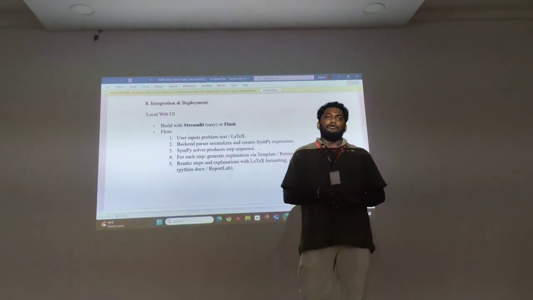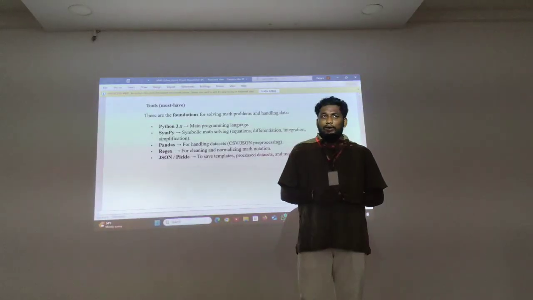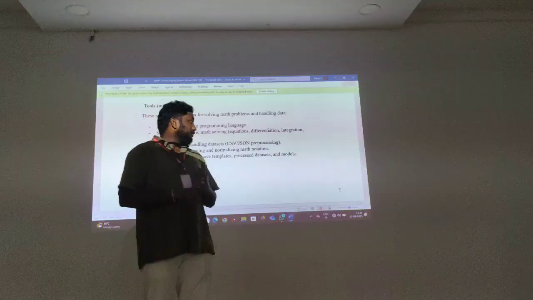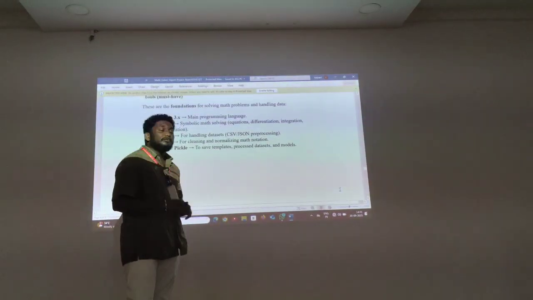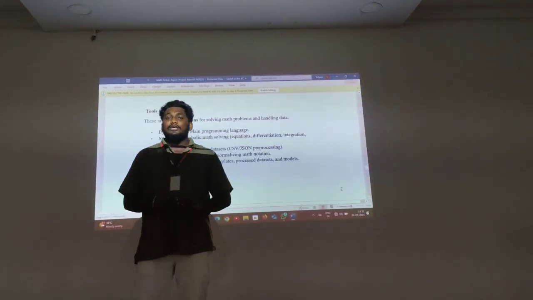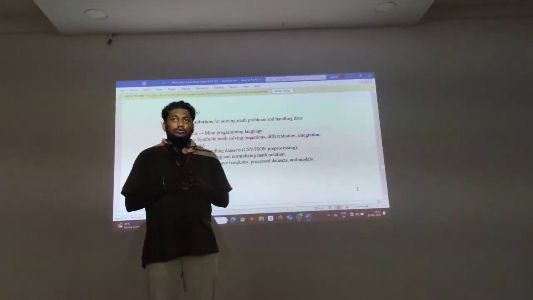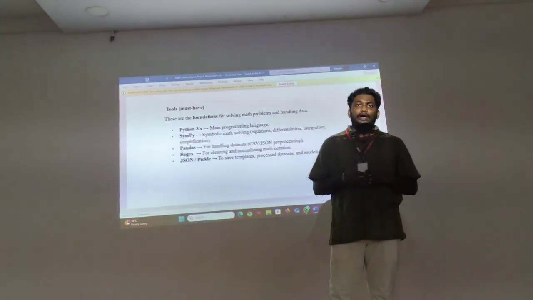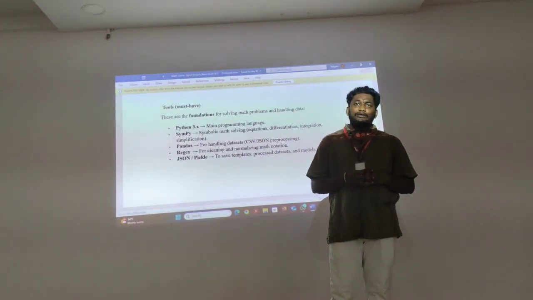The technologies we use for this project are Python or R programming. SymPy is used because in mathematics we calculate problems with symbols like plus or minus, sigma, lambda.